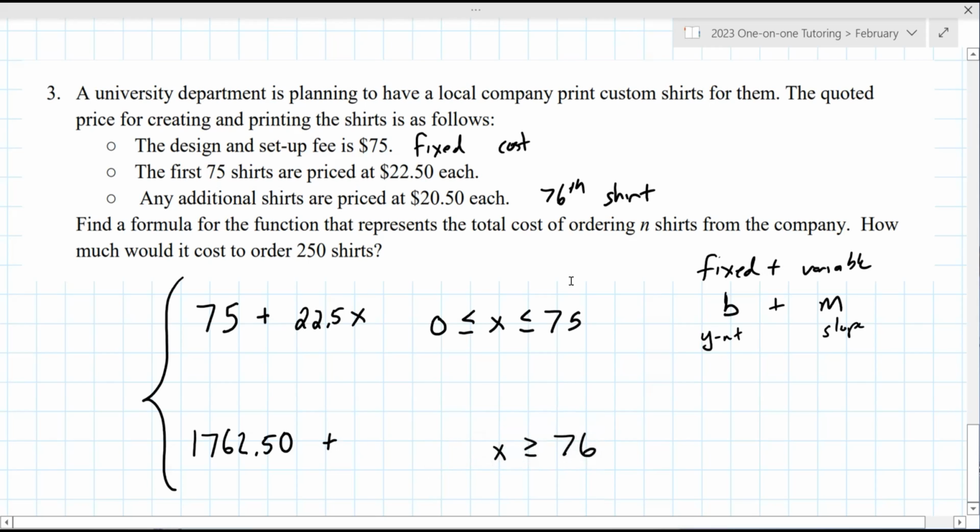So the offset always comes from the previous point. So it's x minus 75. When you put 76 in there, 76 minus 75 is 1. You're going to pay the new price on that next shirt over.